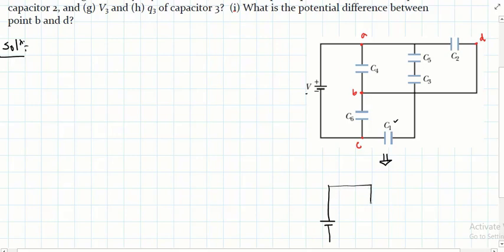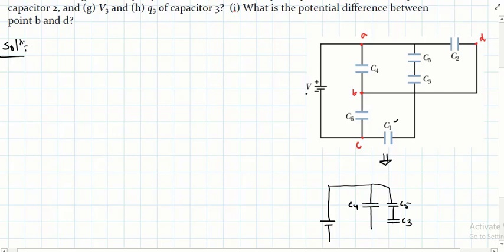Over here, this is my C4 capacitor, and this is C5, and this is C3.